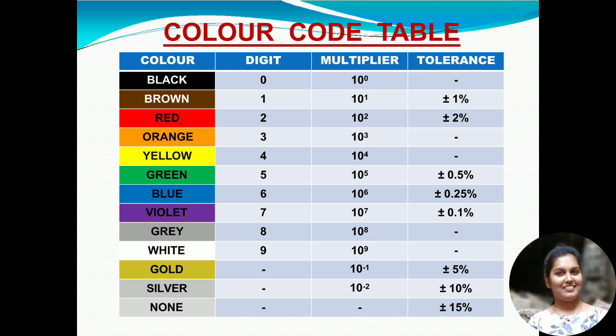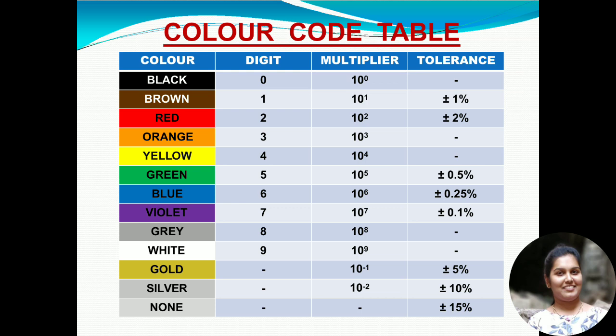And if we take the fourth band as gold: brown, black, red, gold. For brown we write 1, for black we write 0, and the third band, that is red, we write as the multiplying factor. The red number is given as 2, so 10 power 2. And the fourth band, which we have taken as gold, we write as plus or minus 5%.